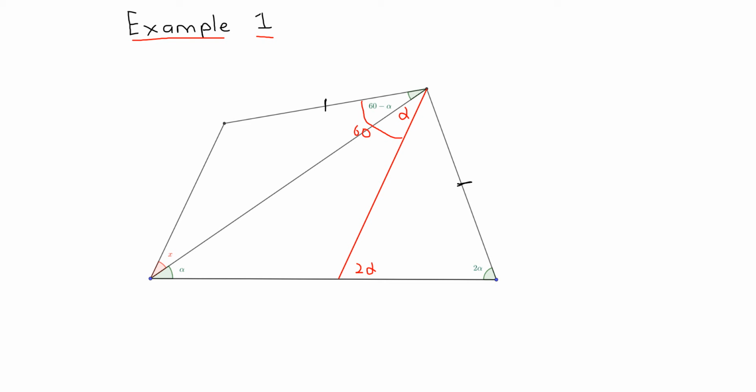And better label my side. This is 2 alpha, this is alpha. So I know that these two are equal because of the isosceles triangle. And I've got my alpha here and my alpha here. So these are equal because of this isosceles triangle.